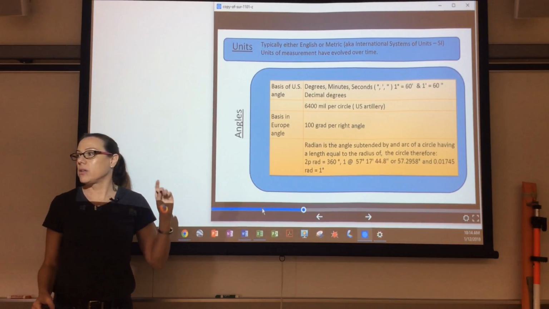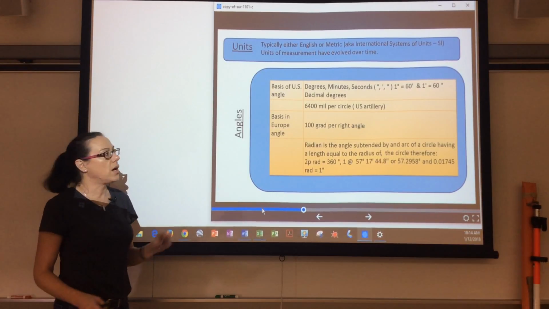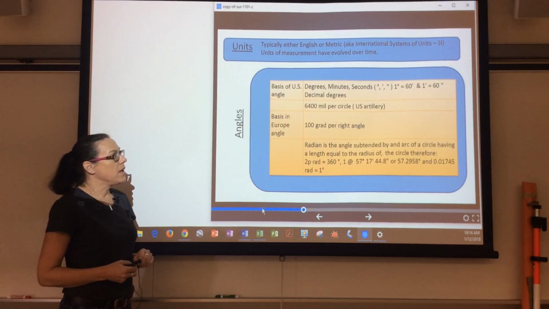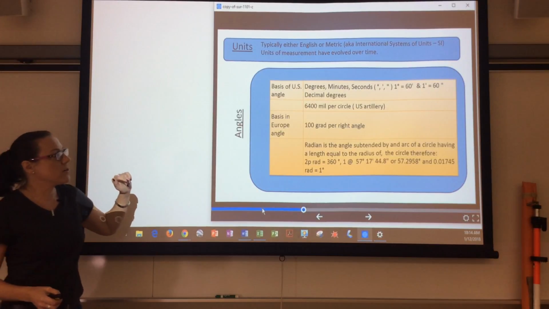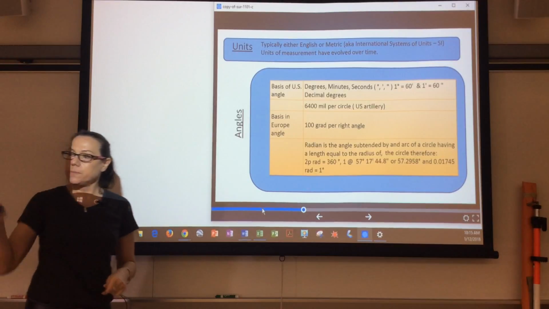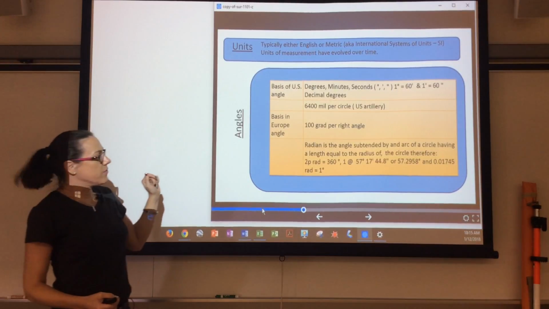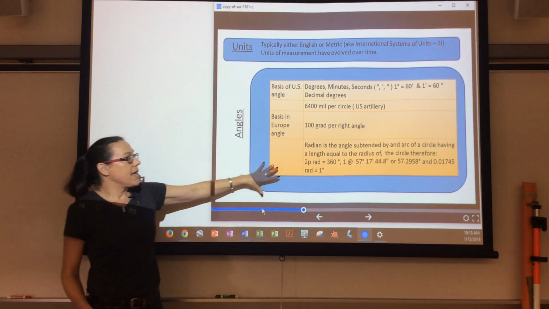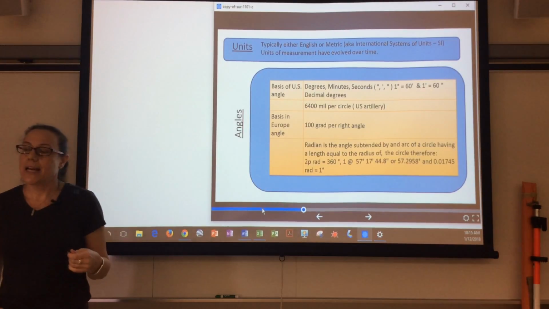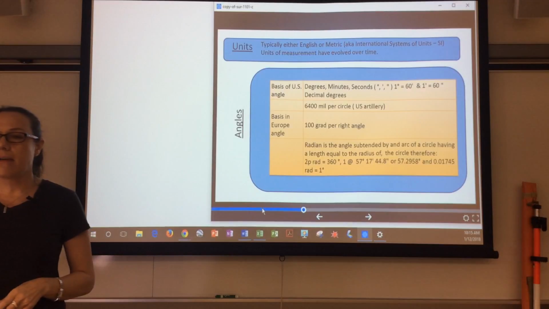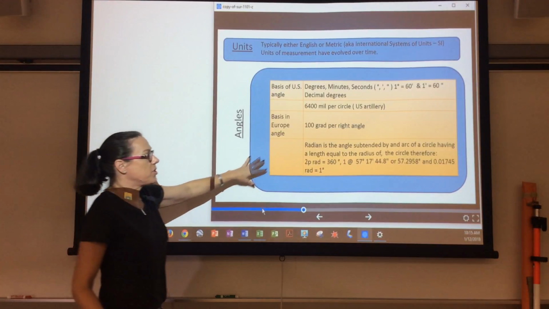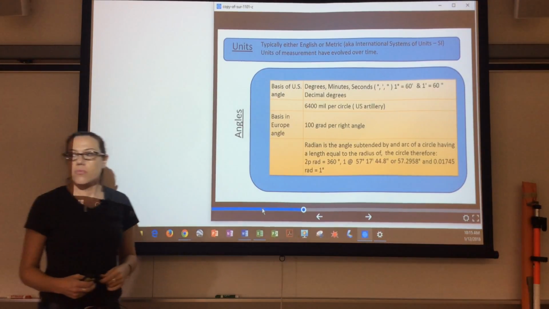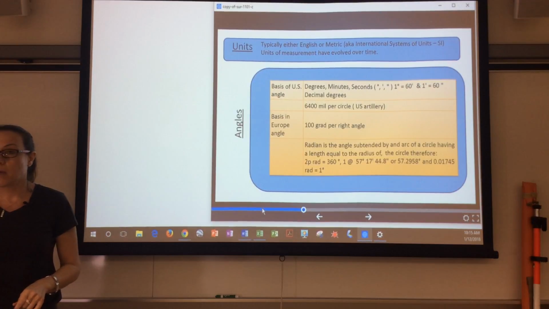Mechanical engineers, all of those are typically going to use decimal degrees. In military, you've got 6,400 mil per circle. I'm sorry. In Europe, you're using the grad. Now, here's the other thing: the radian is actually unitless. It doesn't have a unit, but you can convert back and forth to radians and degrees.